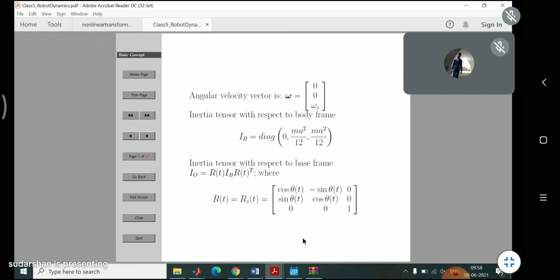Now coming to the inertia tensor, it is given by a diagonal matrix, and this inertia tensor is given with respect to the body frame and not the origin. It is 0, ma square by 12, ma square by 12.